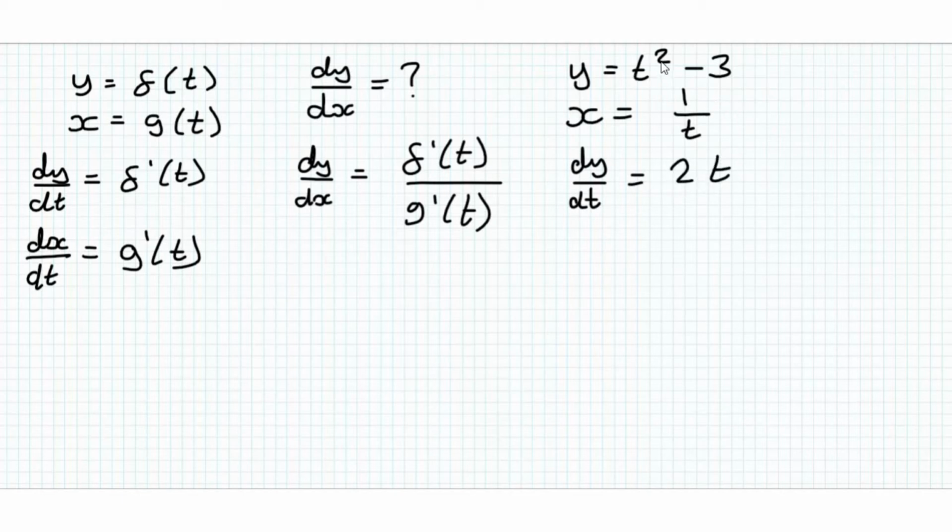You just bring this down and then subtract 1 from the power. The minus 3 just disappears, as the derivative of a constant is 0.